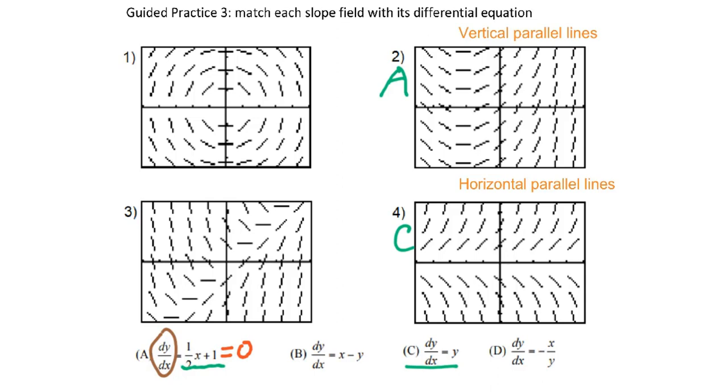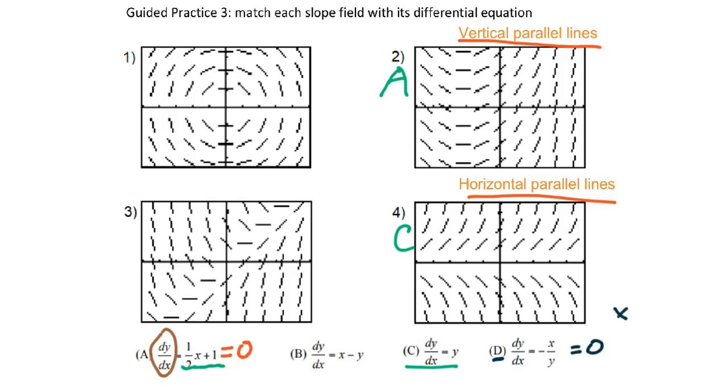So remember the rule. If there's no x in the differential equation, it will be horizontal parallel lines. If there's no y in the differential equation, it will be vertical parallel lines. This is the pattern. Now let's go to D first. You will set this equal to 0.